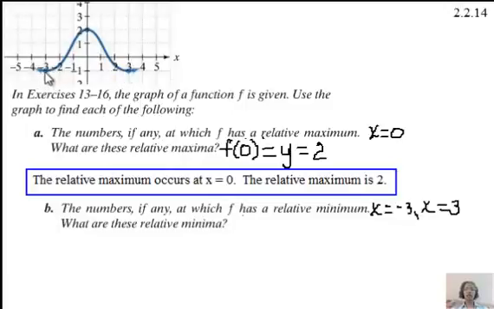The y value corresponding to negative 3 is the same as the y value corresponding to positive 3. So the function's value at negative 3 equals the function's value at 3. That's the y value of negative 1.